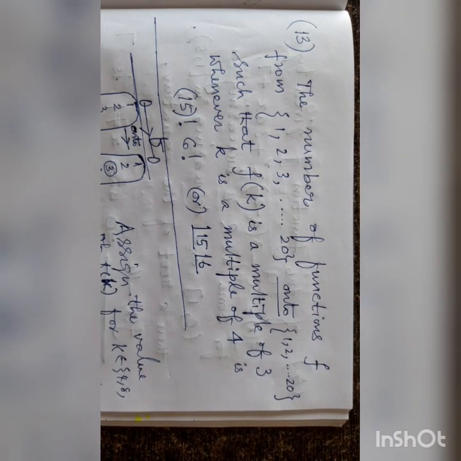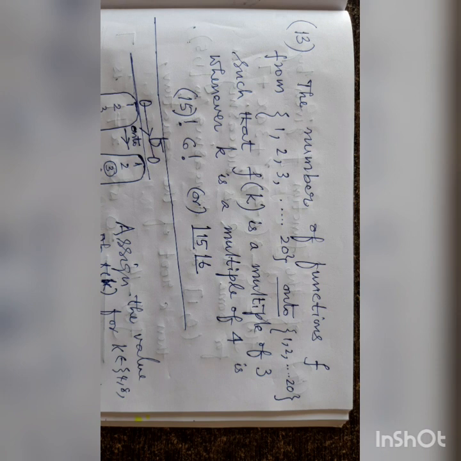The number of functions f from the set {1, 2, 3, and so on up to 20} onto the set {1, 2, 3, 4, and so on up to 20}, same domain and codomain, such that f of k is a multiple of 3. F of k is the codomain part.